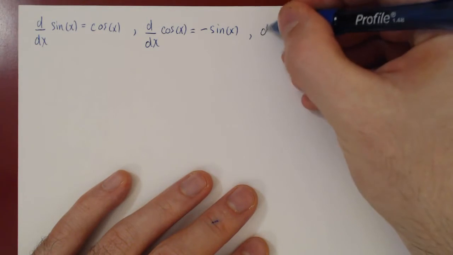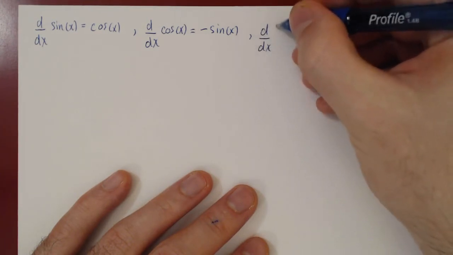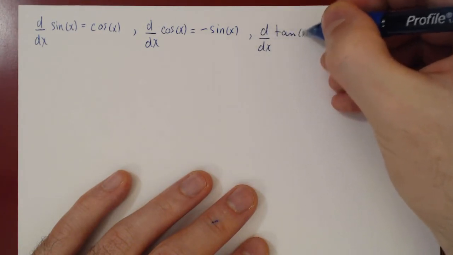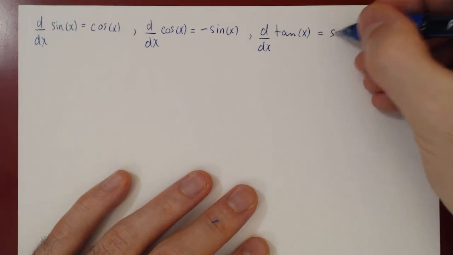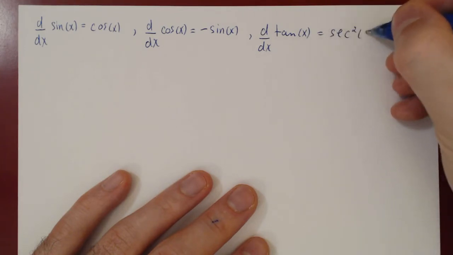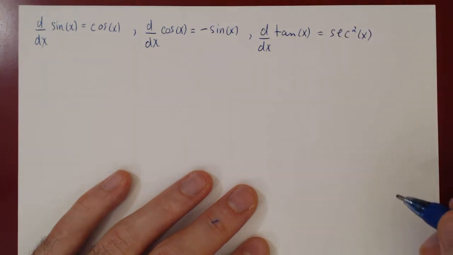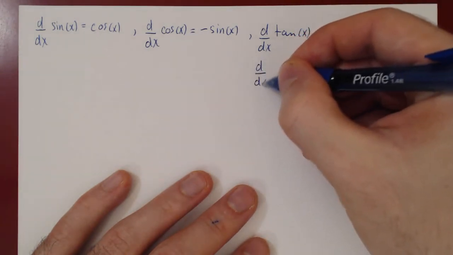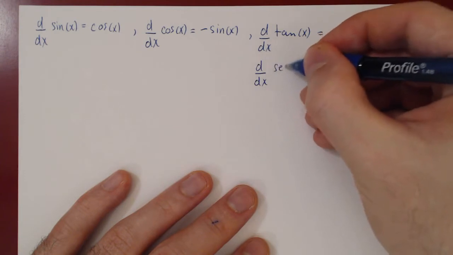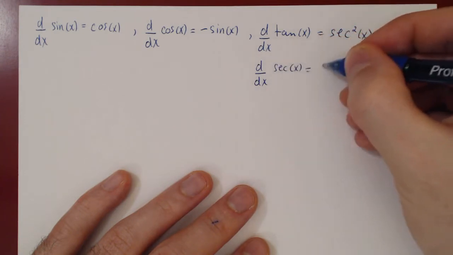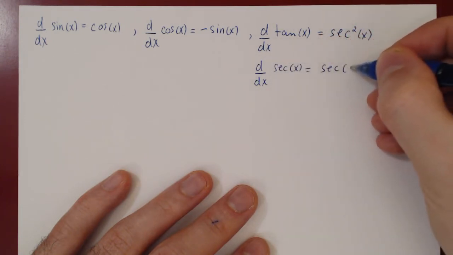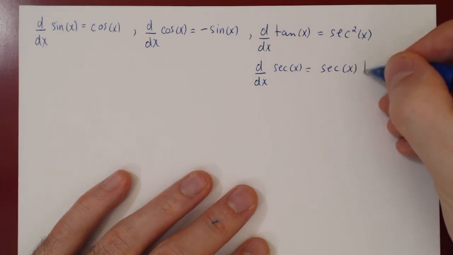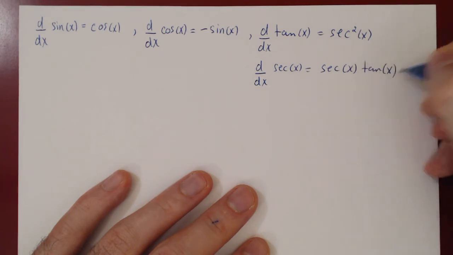The derivative of tan of x is secant squared of x. And finally, I'll write it underneath, the derivative of secant of x is secant of x times tangent of x.